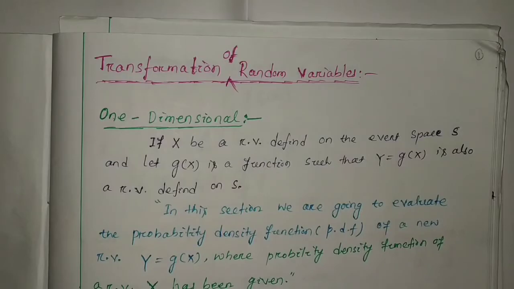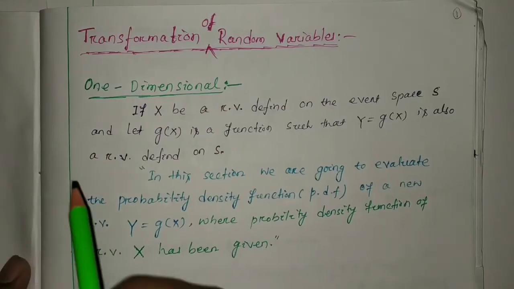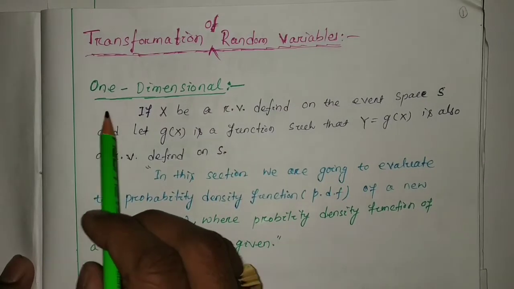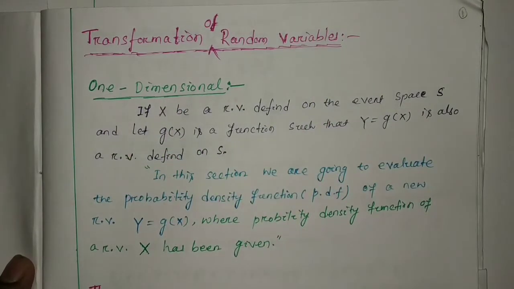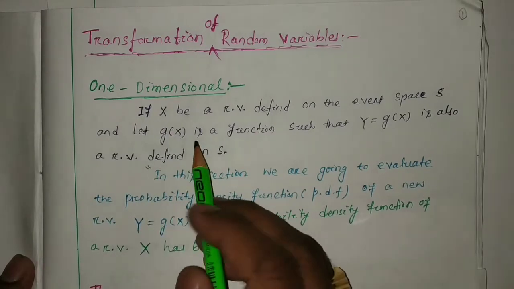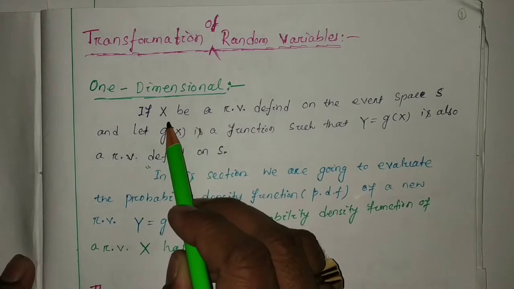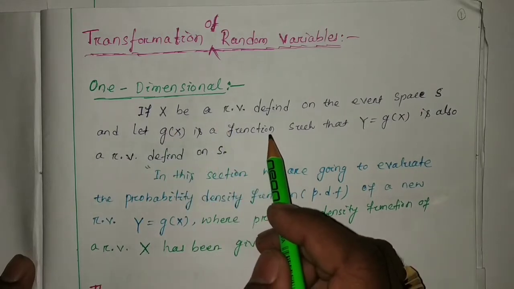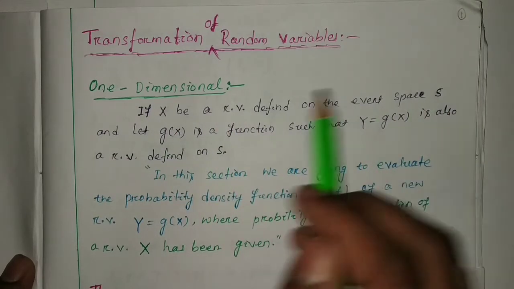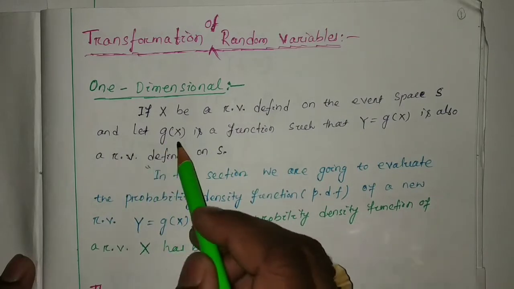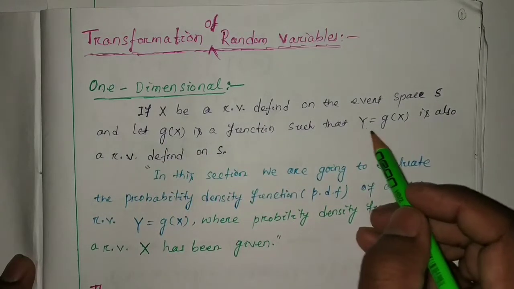Okay, so let's start. First of all we are going to go for the one dimensional random variable transformation, then we are going to go for the two dimensional and n dimensional. Here you can see that suppose we have a random variable x defined on an event space S, and we consider g(x) as a function such that y equal to g(x).